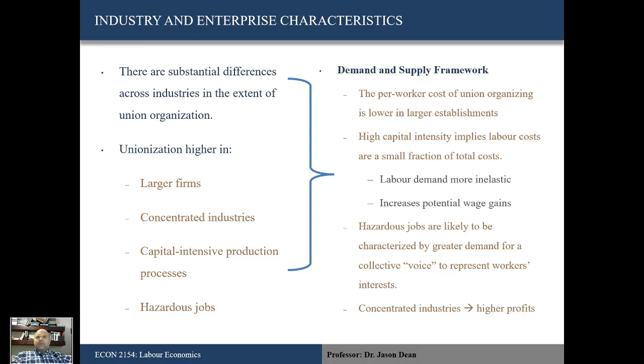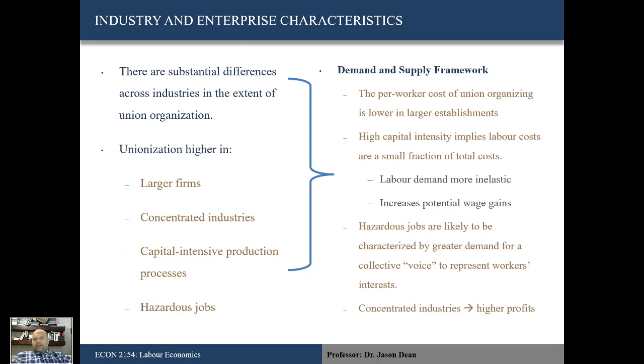You need to remember the incentives or perspective of the union. They want to target industries where they can get the most members and be able to fulfill their objective of increasing the overall well-being, and usually in terms of wages and employment. And so in these larger firms, there'll be some economies of scale, and that would reduce the per worker cost of union organizing.